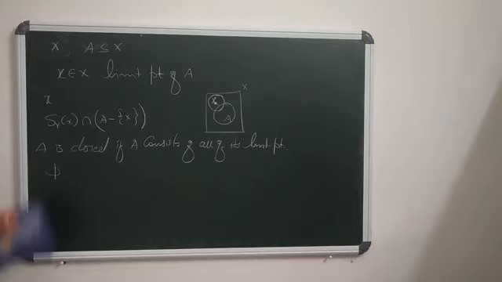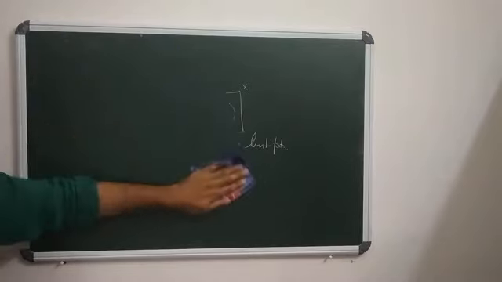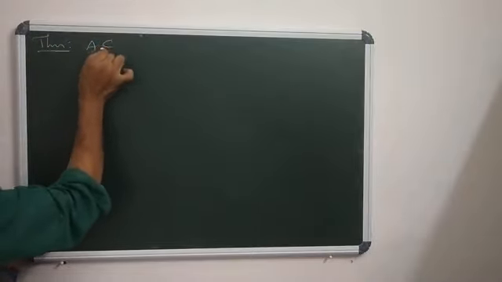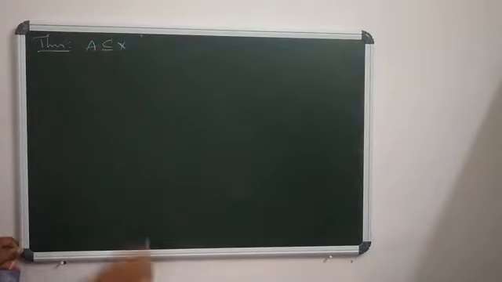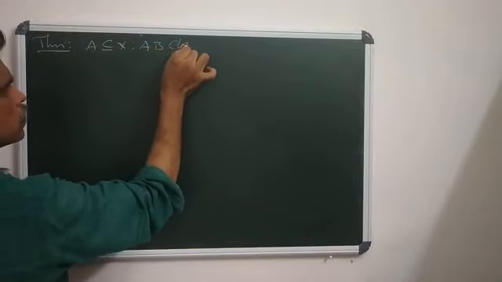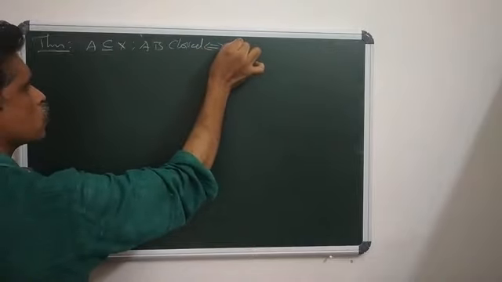Okay. Now, by using these arguments and this definition, consider an important result. Suppose A is a subset of X, then A is closed if and only if A complement is open.